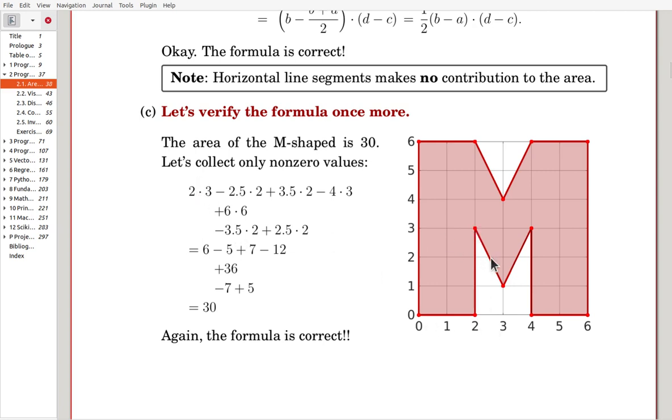For this one, the mid value of x is 2.5, and the change in y is minus 2, going down by 2. For this line segment, the mid value of x is 3.5, and the change in y is 2, and for that one, the midpoint of x is 4, and the change is 3.